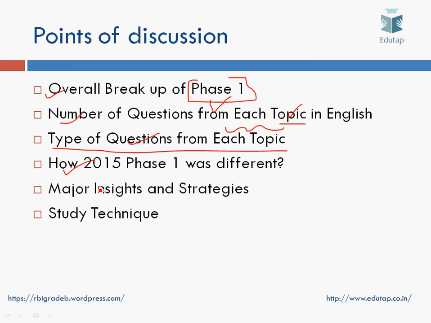We'll also discuss how 2015 phase 1 English was different from 2016 phase 1 English. There were a few topics in 2015 phase 1 English that were not asked in the 2016 examination. Then we'll discuss the major insights, the strategies that one needs to follow, and the study technique.